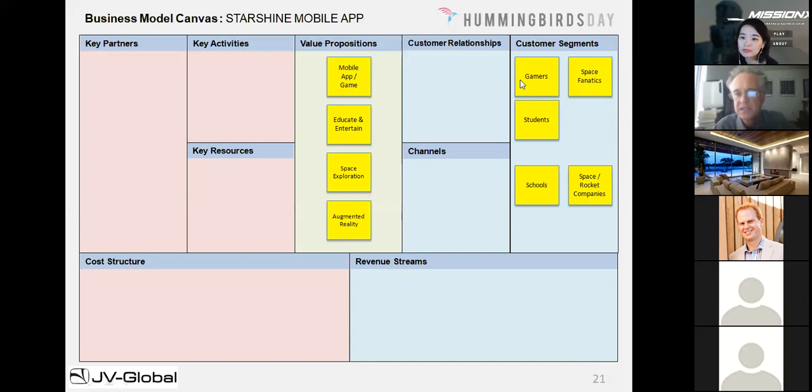And then last but not least, there's schools. And specifically within schools, there's the science department. And within the science departments, there would be classes that are focusing on space exploration, or maybe there's a segment of a class that focuses on this. So there's another opportunity to maybe partner with them, which would make these schools show up in the key partners box all the way on the left, or ideally have these schools become customers somehow.